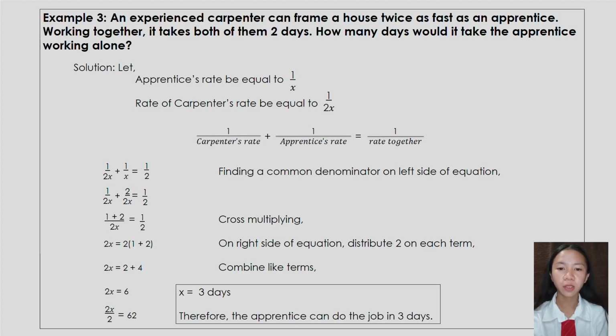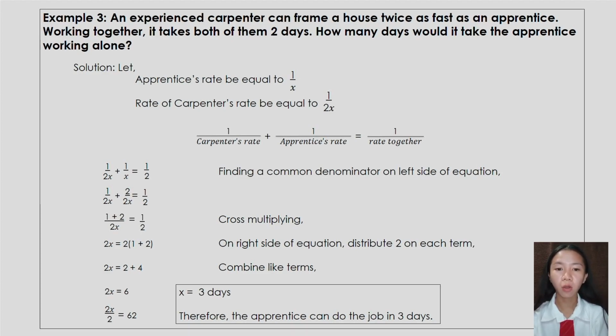The carpenter's rate be equal to 1 over 2x. 1 over carpenter's rate plus 1 over apprentice's rate equal to 1 over rate together, which is 1 over 2x plus 1 over x equal to 1 over 2.